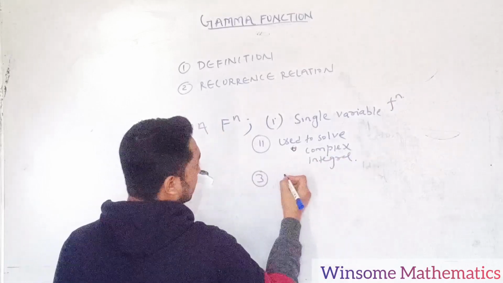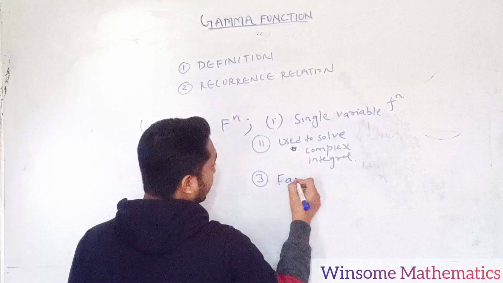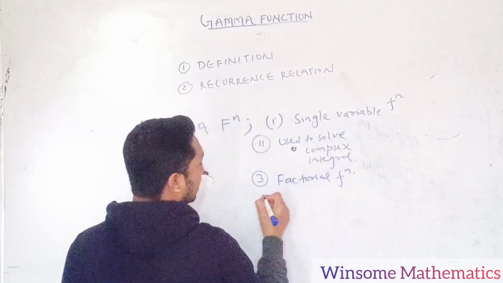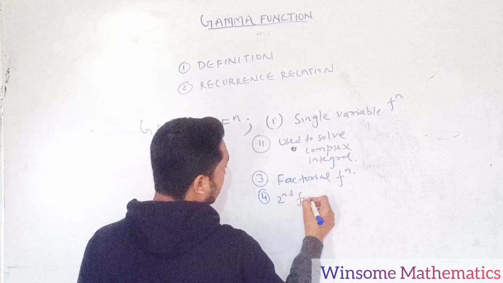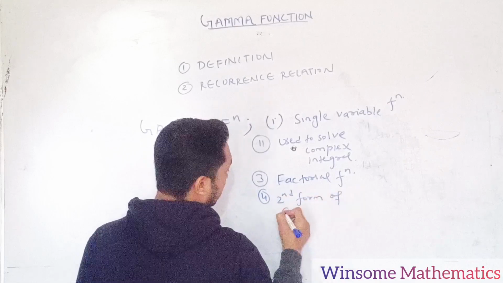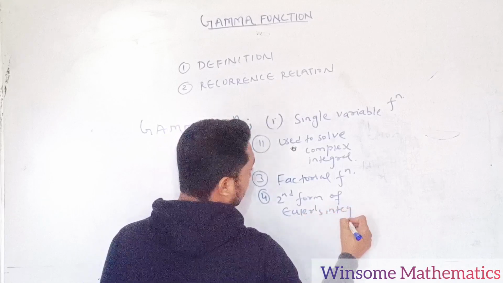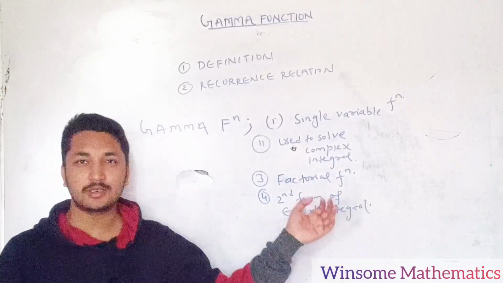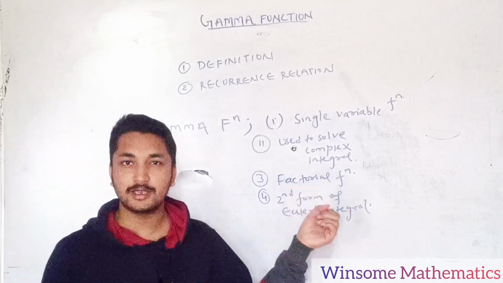Third: factorial function. And fourth. Now you will wonder what is written here. Okay, so we will understand each and everything.